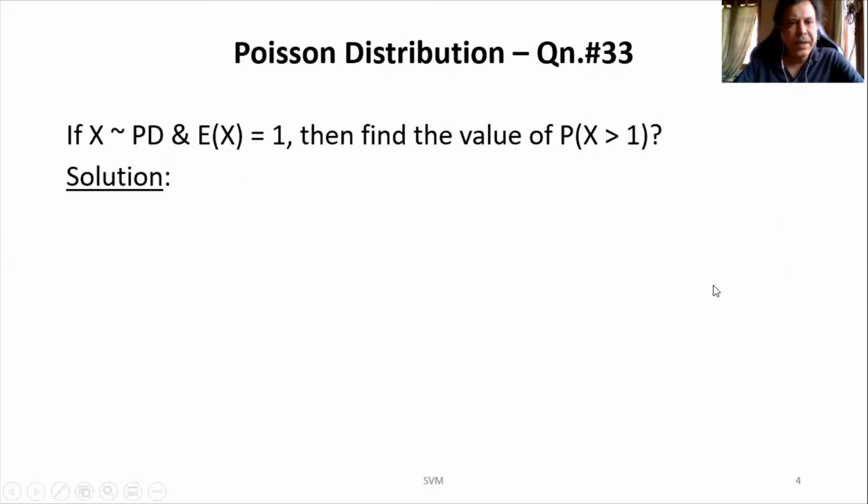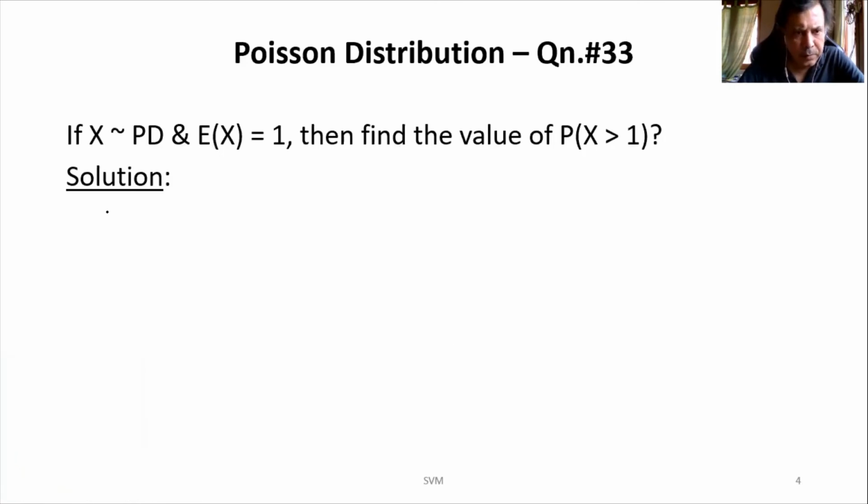Question number 33. It says x follows a Poisson distribution, random variable x, and expectation of that random variable is 1. Then find the value of probability of x greater than 1. So what is that which is being asked to evaluate the probability of x greater than 1?